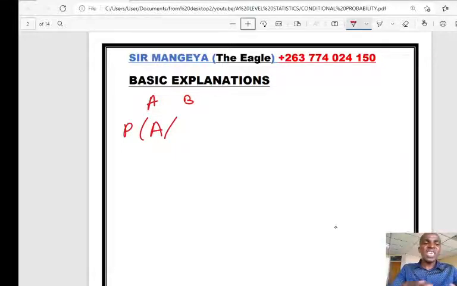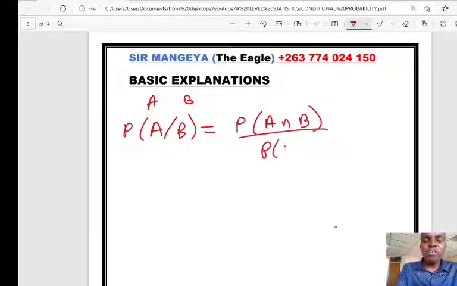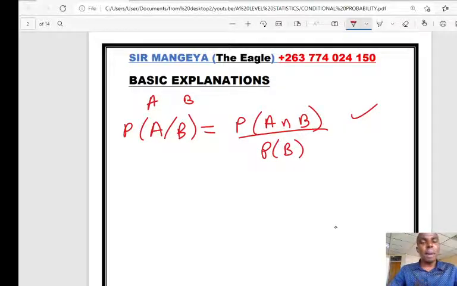So the probability of event A given that event B has already occurred is equal to the probability of A intersection B over the probability of B. So that's how you work out conditional probability.